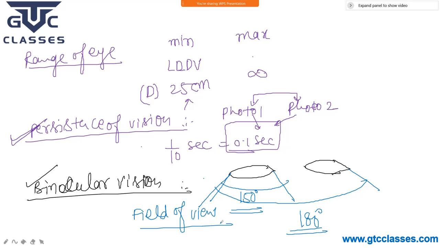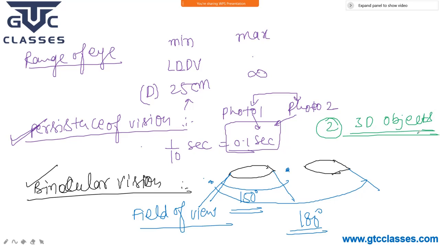You can walk easily. You can recognize who is coming from the back. With 150 degrees, if something is coming from this side, you can't see it. With 180 degrees, the field of view is increased. The second thing is that because of these two eyes, binocular vision, we can see 3D objects.